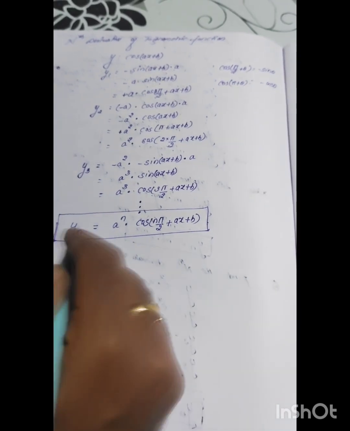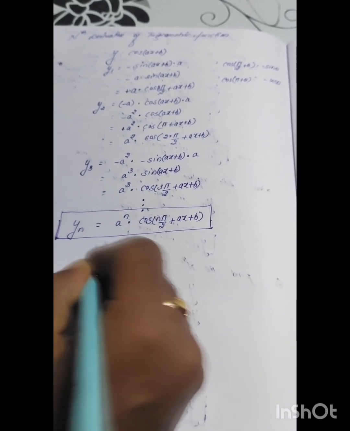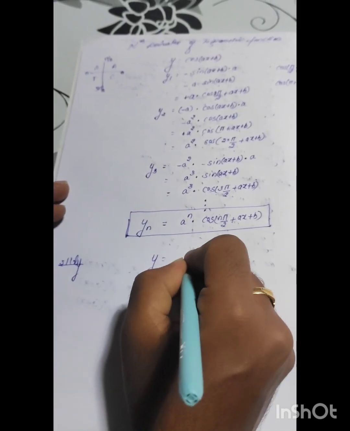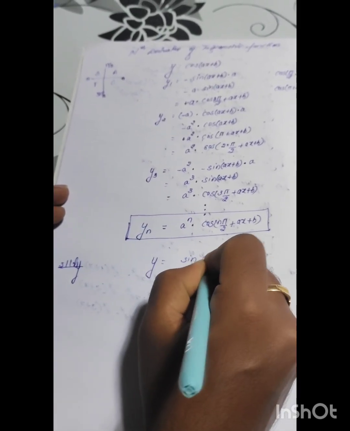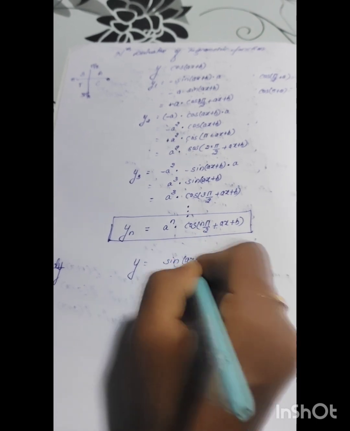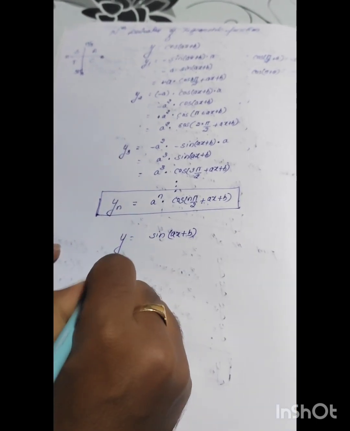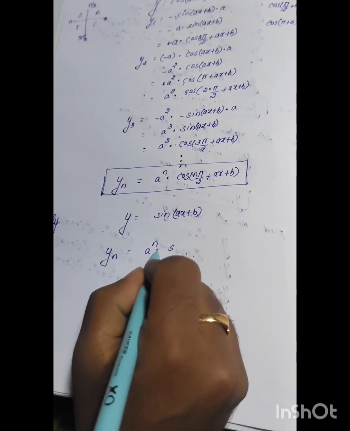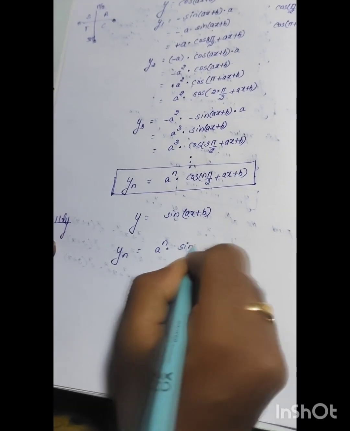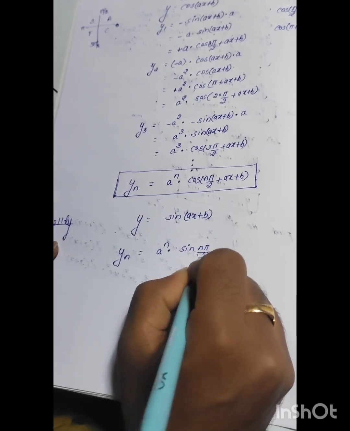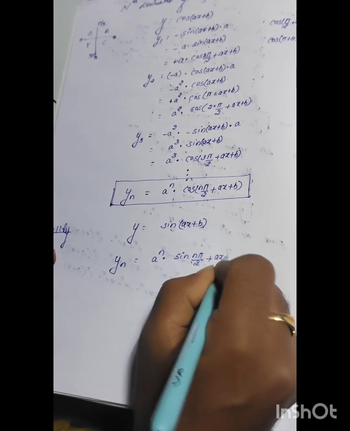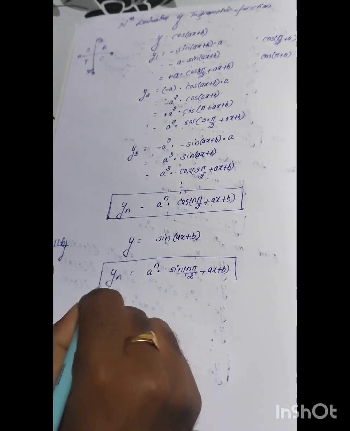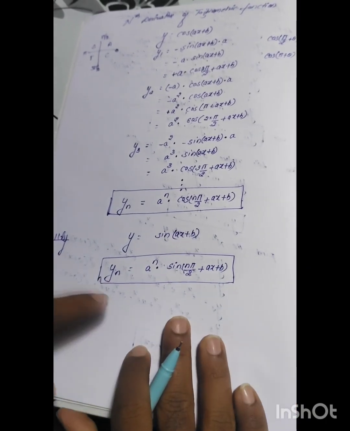Similarly, when y is equal to sine of ax plus b, yn will be equal to, similar to the cos, a raised to n into sine of n pi by 2 plus ax plus b. So this will be the nth derivative of sine of ax plus b.